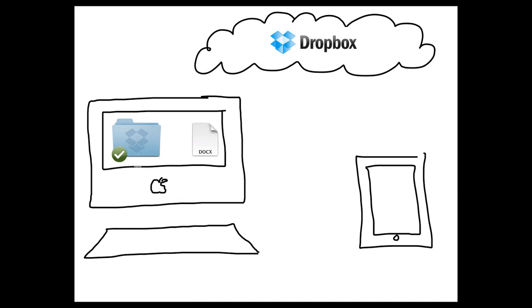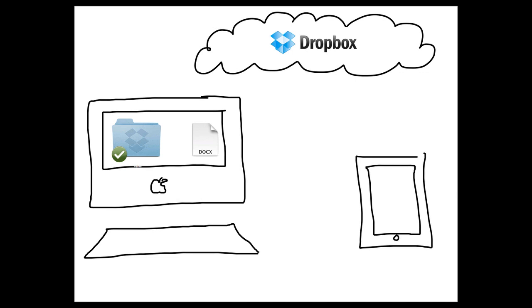What it does is it puts a folder on your desktop computer that automatically syncs whatever is in that folder up to the Dropbox servers in the cloud. So you drop a file in that folder, it automatically moves a file into the cloud. You delete a file from that folder, it deletes that same file from the cloud. This only works on this Dropbox folder.